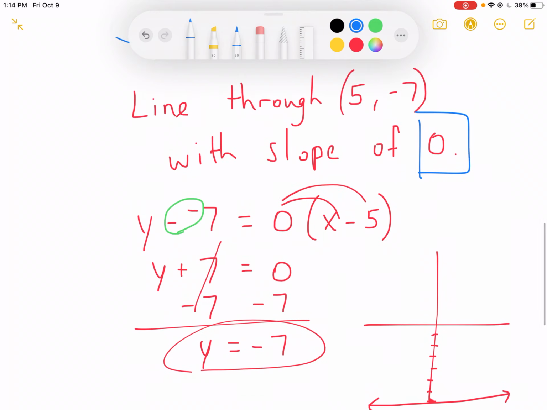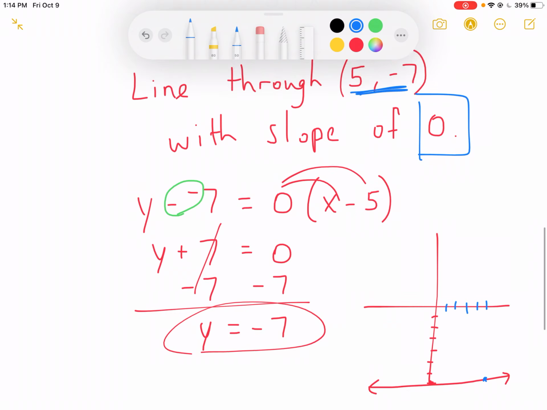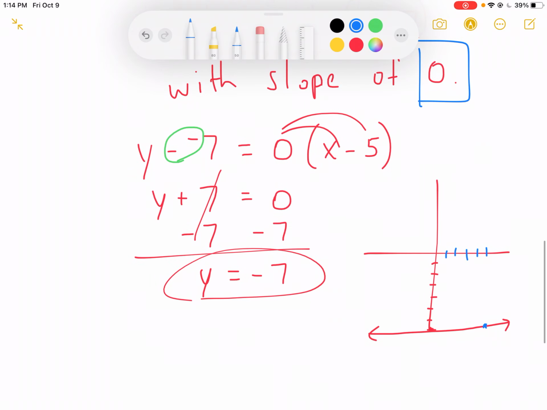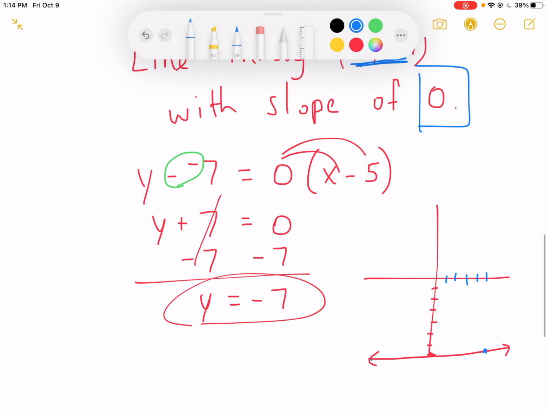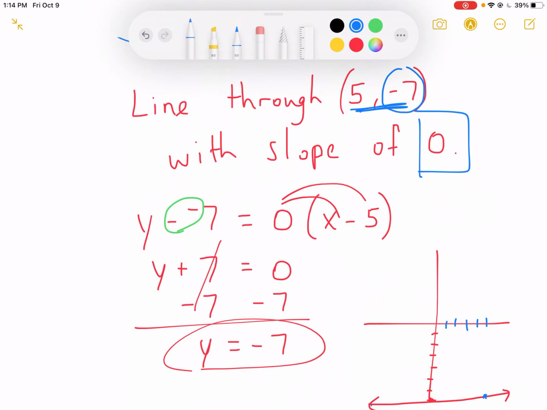Notice 5 comma negative 7, that would be right 5 and then down 7. Okay, that's going to be a point on the line. So anytime you know there's a slope of 0, you know it's horizontal. Okay, a slope of 0 means it's horizontal. So we know it's going to be y equals something, and it'll just be y equals whatever our y value is.